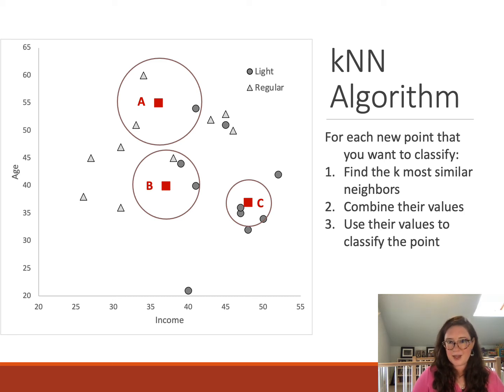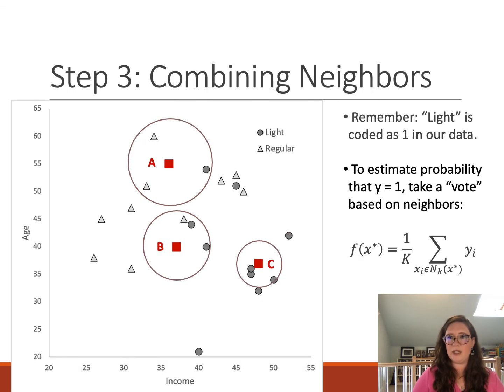So I guess the next question is, how do we combine those neighbors to decide the value for each new point? Let's remember that light is coded as the positive class, or the 1 class, in our data. To estimate the probability that y equals 1, we'll usually just take a simple vote based on the neighbors. With 3 nearest neighbors, we look at the average label of the 3 neighbors.